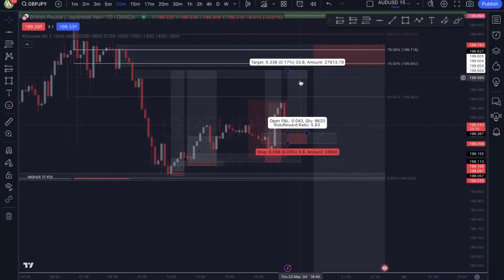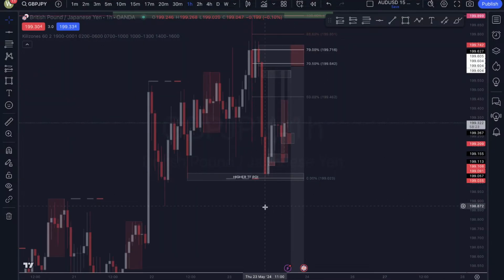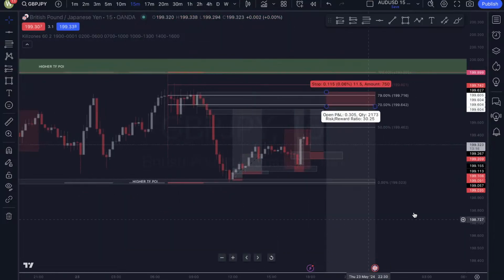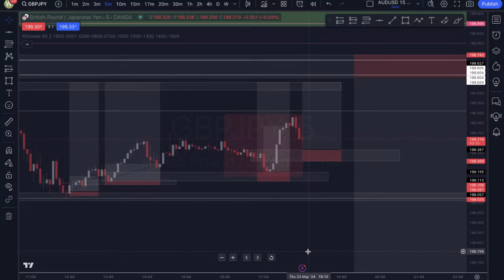And it is a valid point of supply here, but we can see Asia session is just ramping up now, just following that market structure. So we can expect buys at this level here.